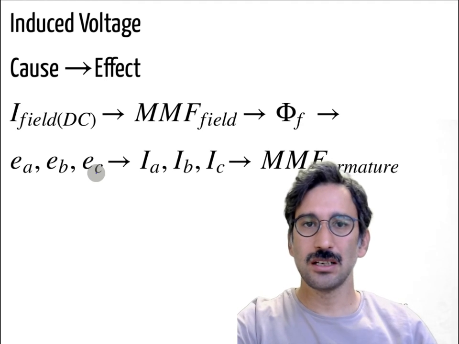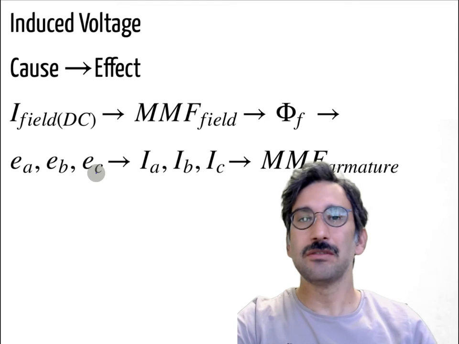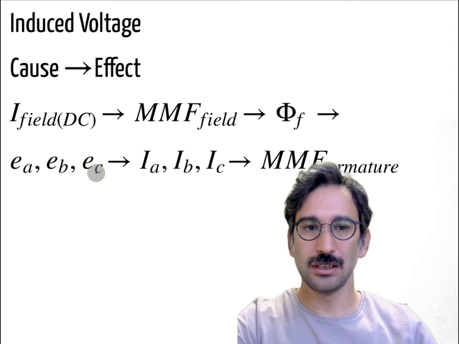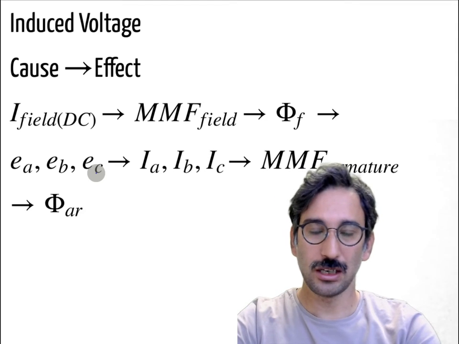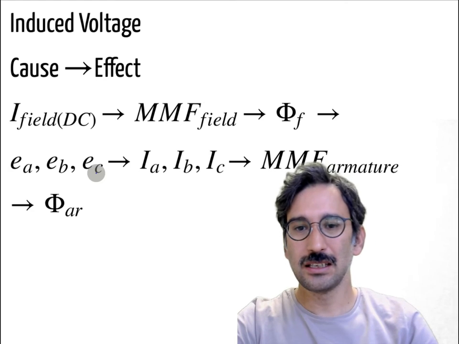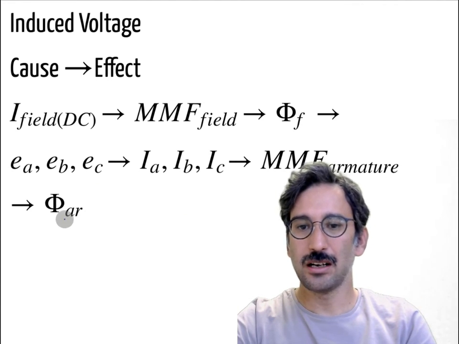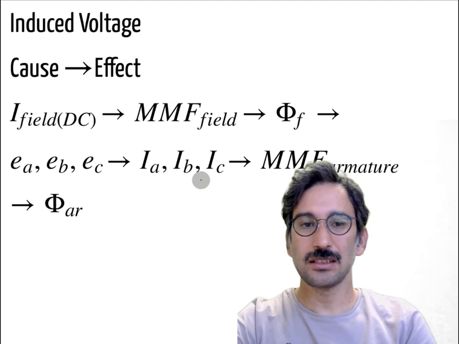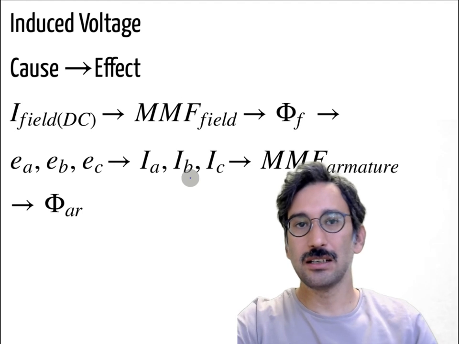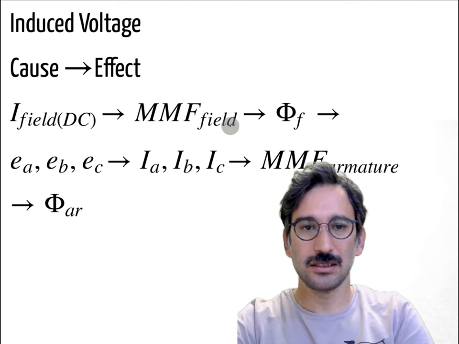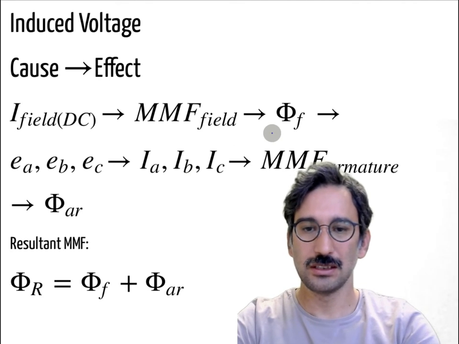So you create some stator MMF, called the armature MMF, and that creates the armature flux. AR is the armature, and armature flux is the flux due to the current in the stator. That is different from the field flux.